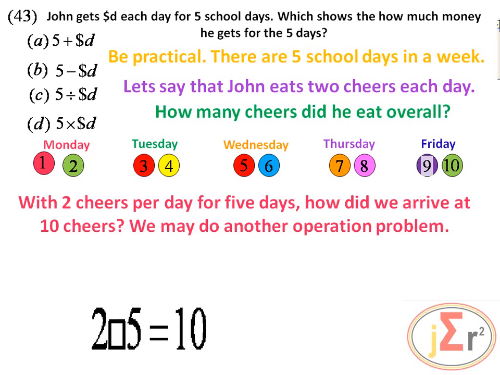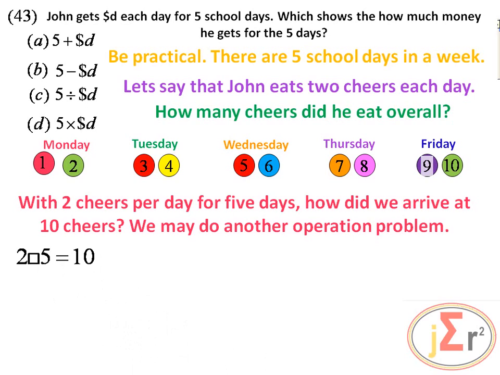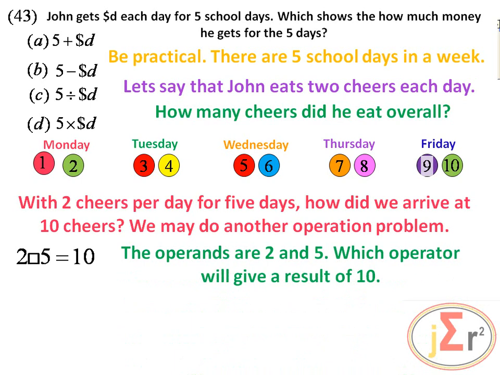And we will say, how did we arrive at 10 chairs if we have 2 and 5 as the operands? What is the operator? The operands are 2 and 5. Which operator will give us a result of 10? 2 times 5. 10. 2 plus 5. 7.